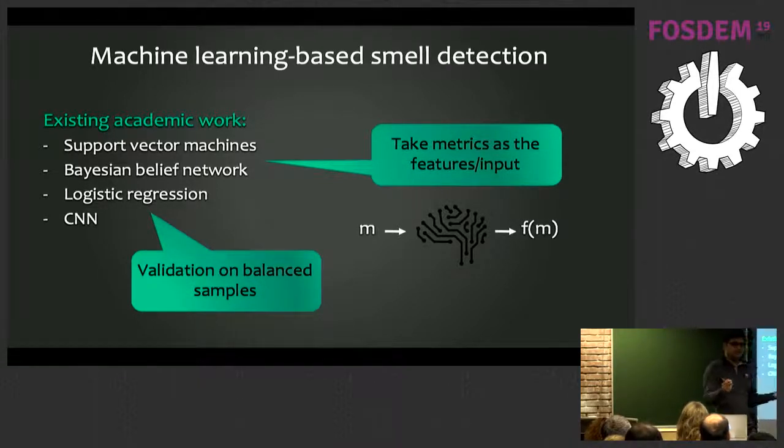If you are representing a realistic case in which maybe 1% of classes are smelly and 99% classes are non-smelly, and you apply some sort of a machine learning algorithm, your precision recall curve will be like this. So that's one of the observations that we had.